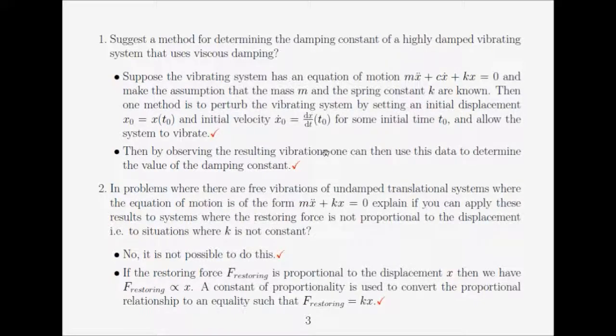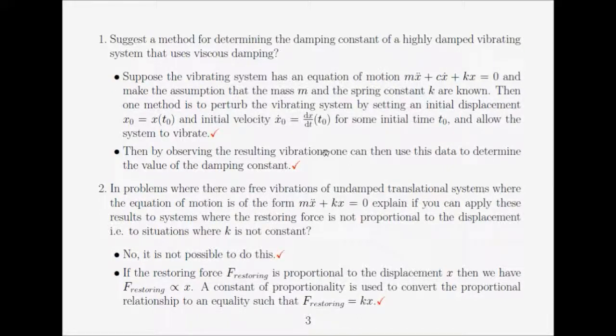That's the approach for determining the damping value c when you have a known mass and a known spring constant. So the second part is to observe the resulting vibrations and use them to figure out what c is.